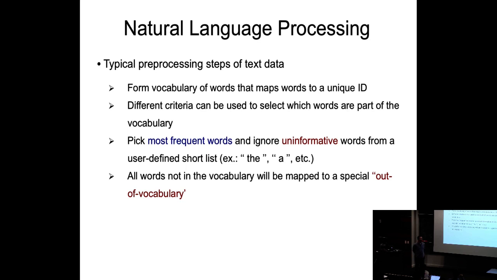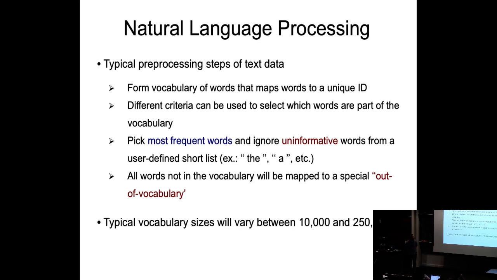Typically the easiest thing is to map all of these words to an out-of-vocabulary token, which basically says whenever you see a new word, it is assigned the out-of-vocabulary ID. In academia, you see vocabulary sizes of sometimes 10,000 words or 250,000 words. If you're in industry, you're going to be using vocabularies of millions of words.